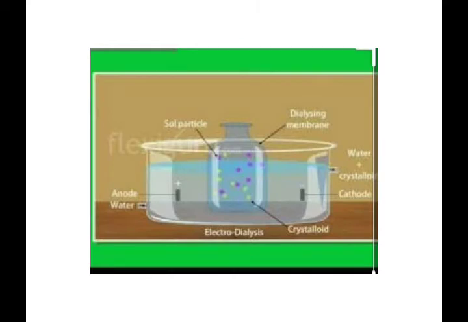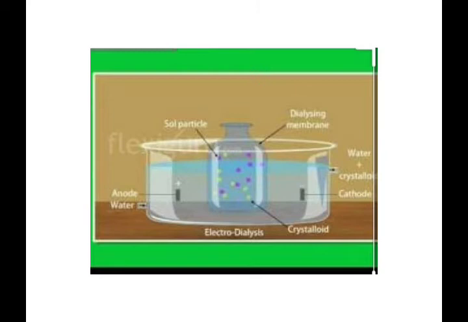For electrodialysis, we are using an electric field, which increases the speed of removal of electrolytes from the solution. So the colloidal solution, which is carrying an electrolyte, is placed between two dialyzing membranes, closed with two compartments. See, the two compartments are filled with water.